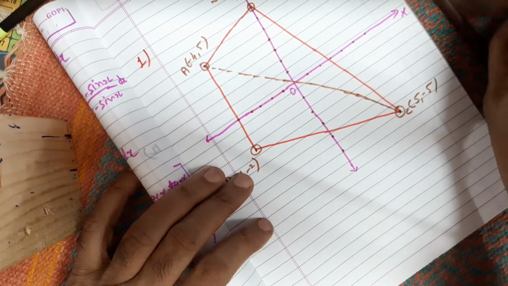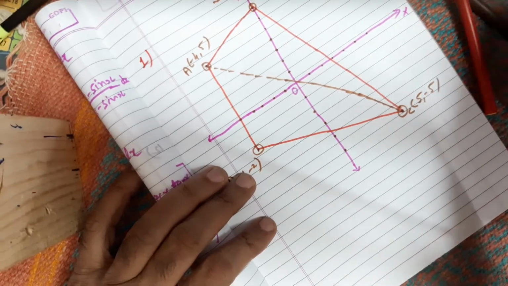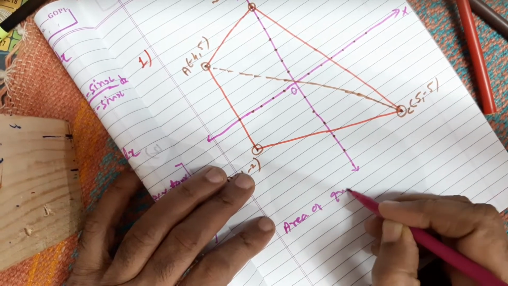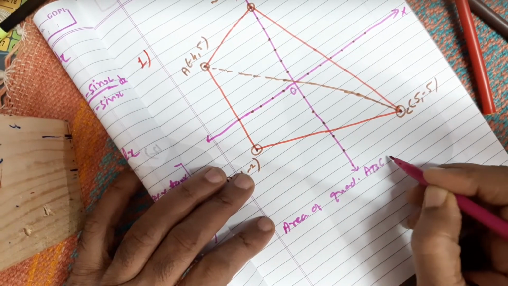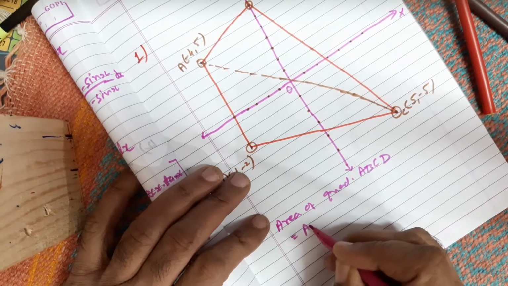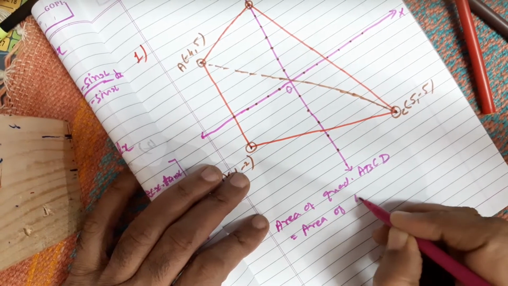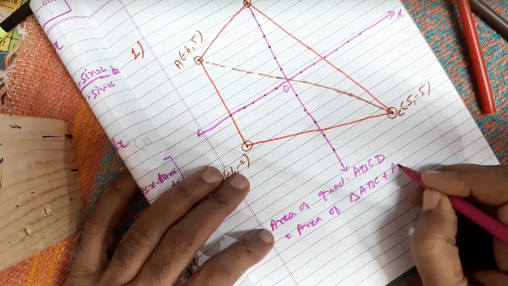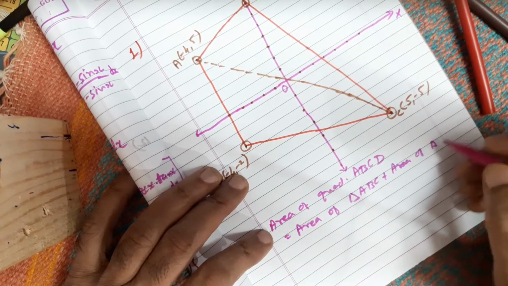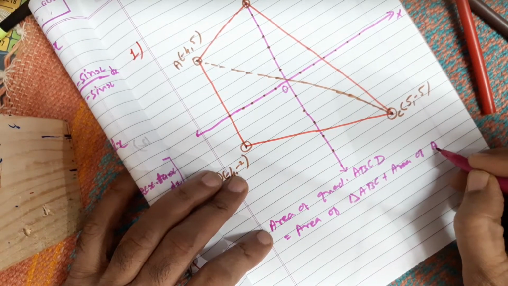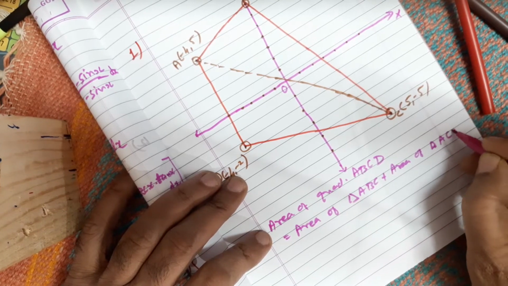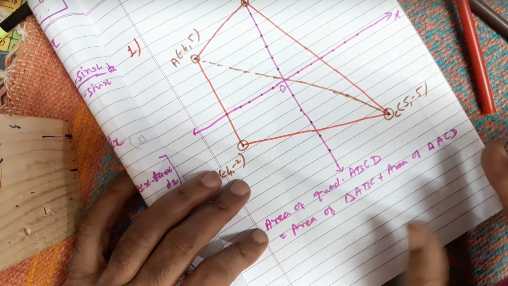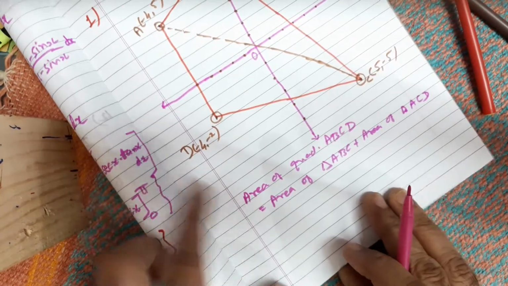Okay, so now the area of the quadrilateral ABCD is equal to the area of triangle ABC plus the area of triangle ACD. Just look in the diagram. So first I find out the area of ABC, then ACD, and then take addition. That's all.